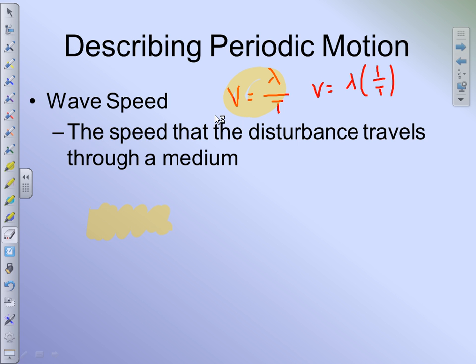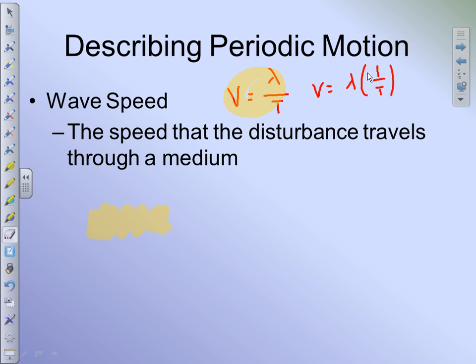Lambda. All right, but a lot of times, waves are not measured or described by their period. Waves are a lot of times described more by their frequency. So we learned that this mathematical expression is exactly the same as this one.